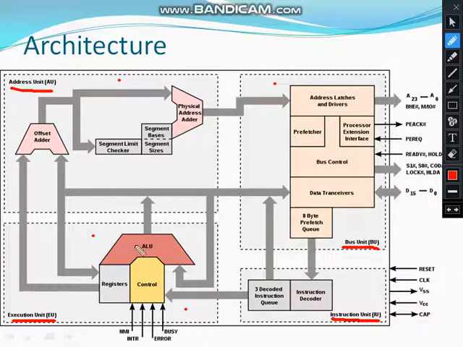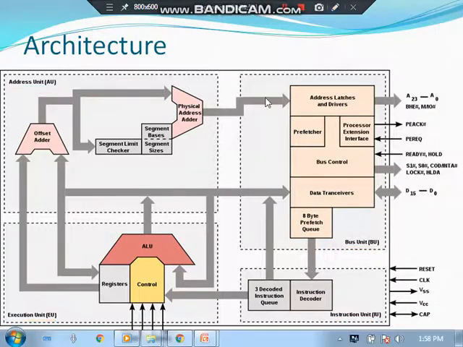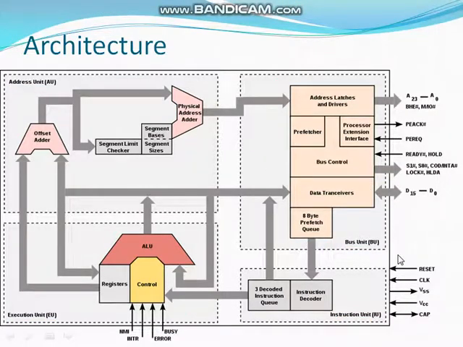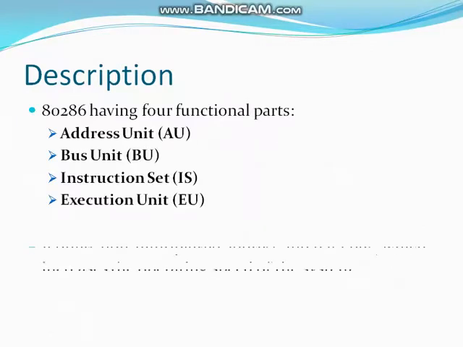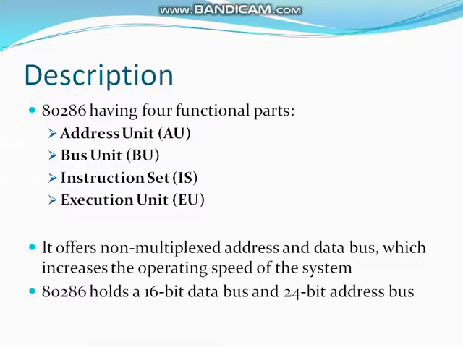Now have a look at the different blocks of 80286. So it consists of four blocks: the address unit, bus unit, instruction unit, and execution unit.